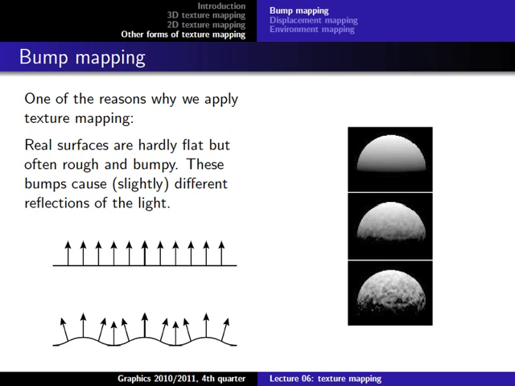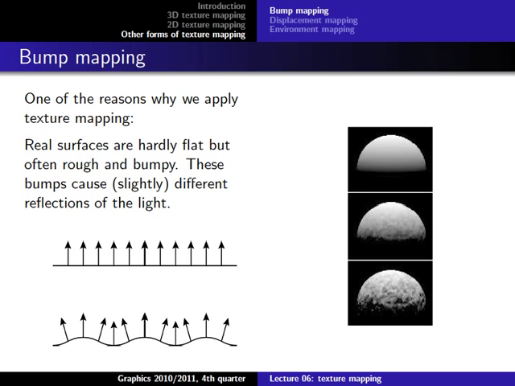To motivate bump mapping, one of the reasons we do texture mapping is that certain structures are very complicated to calculate or to model, like a wooden structure, because it's not very regular. But we also have a lot of structures which are very uneven, bumpy, with a very crisp structure.